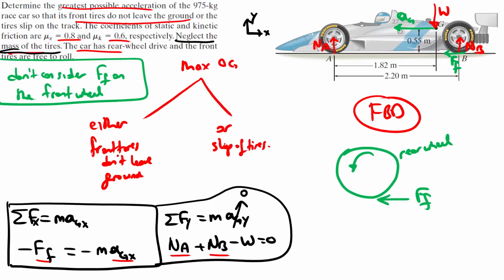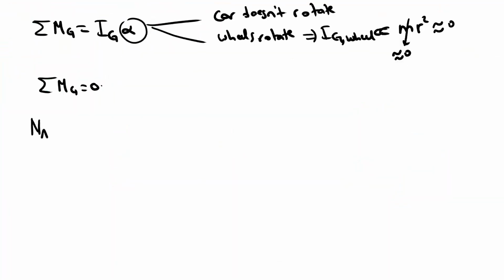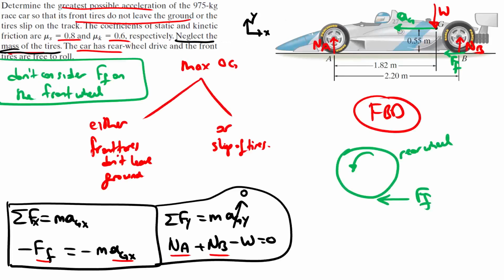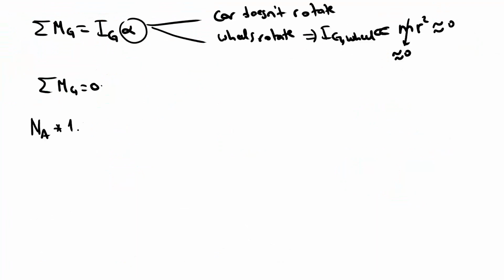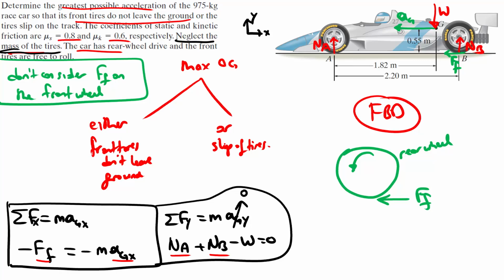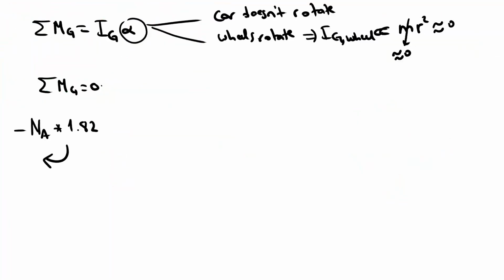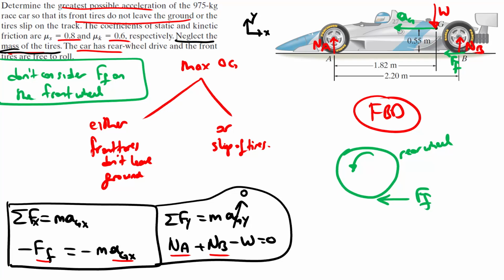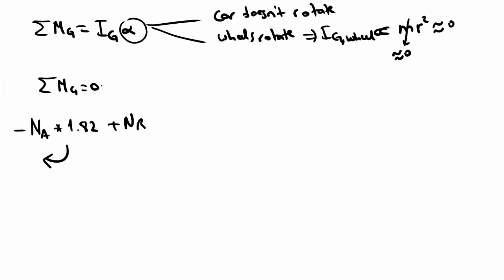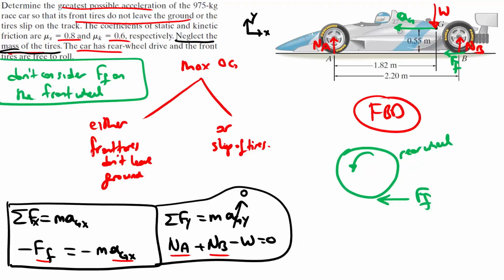If you do that, we have the moment about point G created by N of A times the arm of N of A, which is 1.82. This one rotates the car in a clockwise direction, that's the reason it is negative. Then we have N of B, which rotates the car in a counterclockwise direction. The arm of N of B is 2.20 minus 1.82.